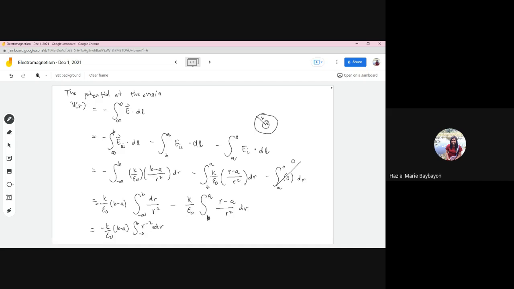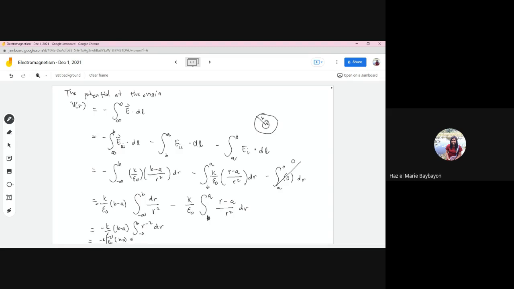So, negative 2 plus 1, that is minus 1, divided by negative 2 plus 1. Negative k over epsilon naught, b minus a.